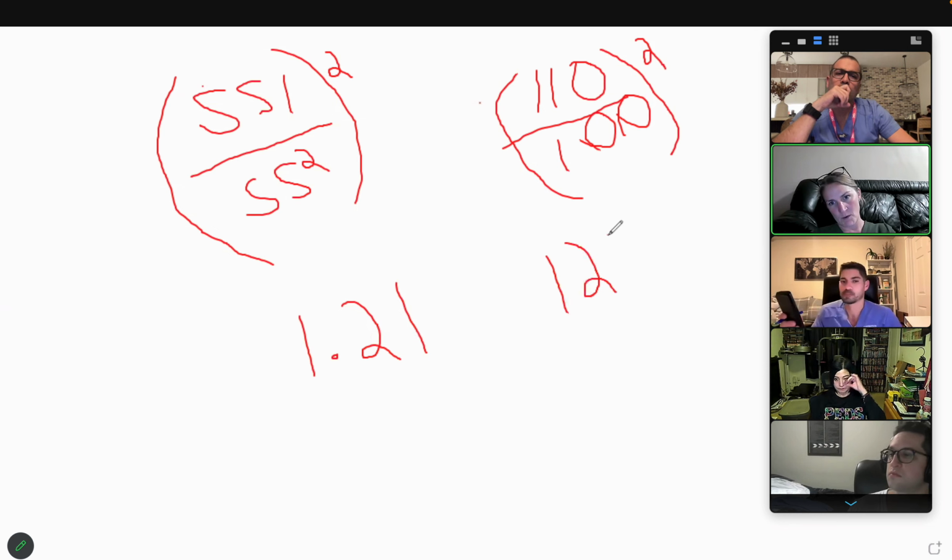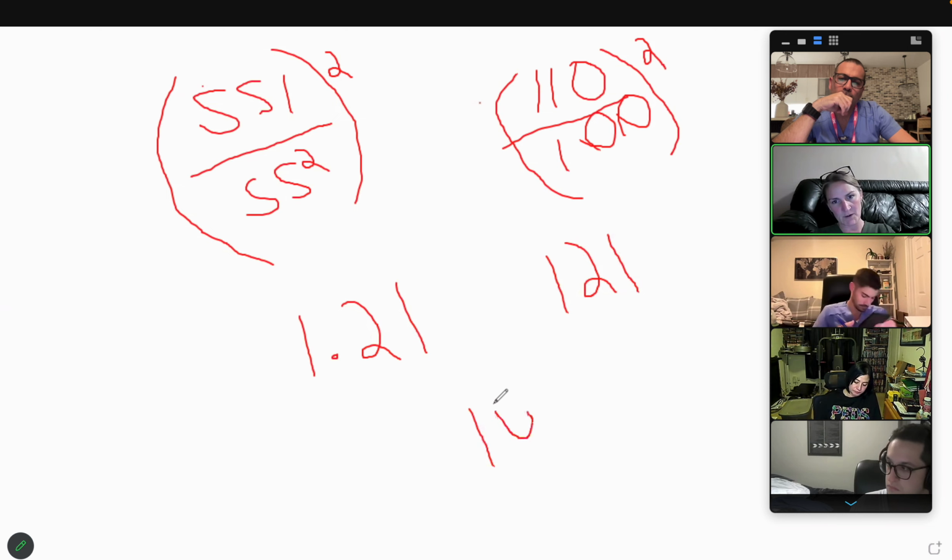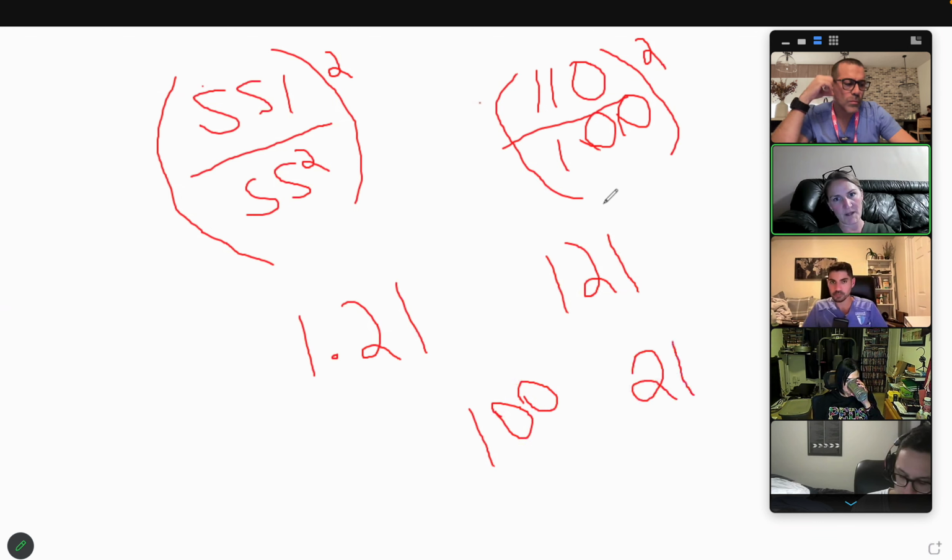So 21% overdose, because 100% would be your total dose, and you minus that from your 121. It gives you 21% over because the patient was treated closer than they were supposed to be, like if you were closer to the sun.